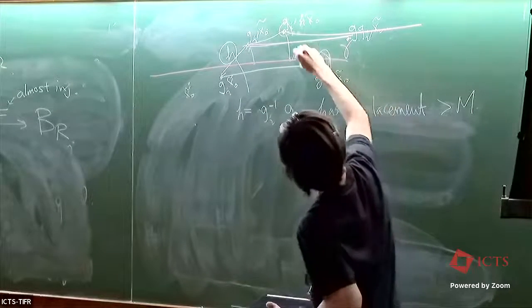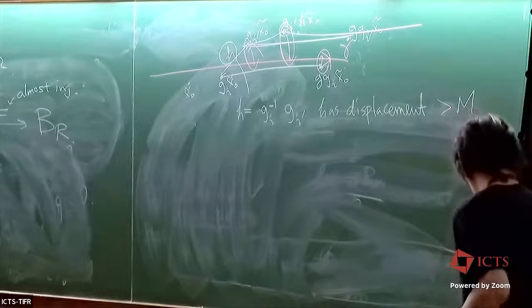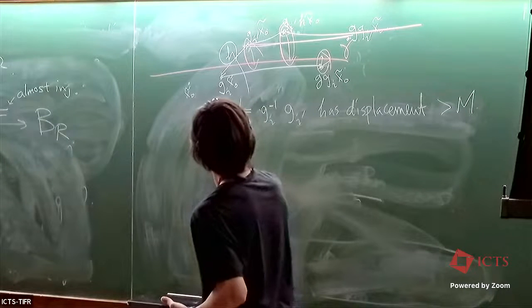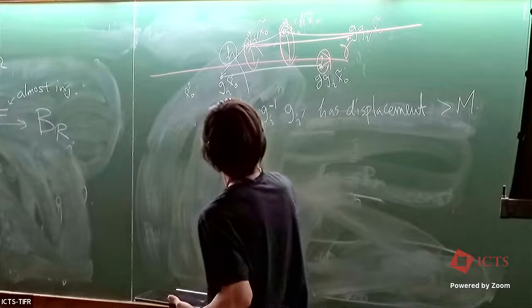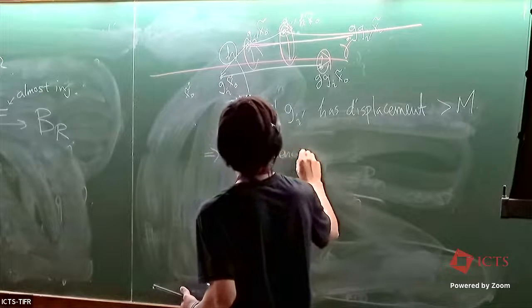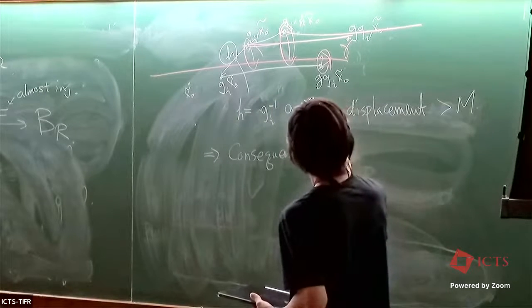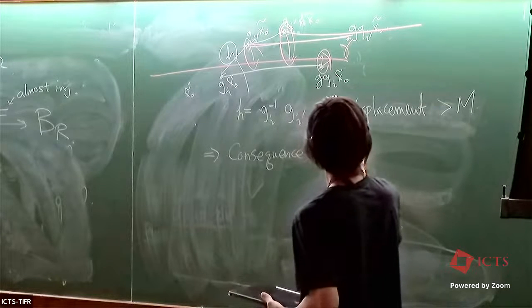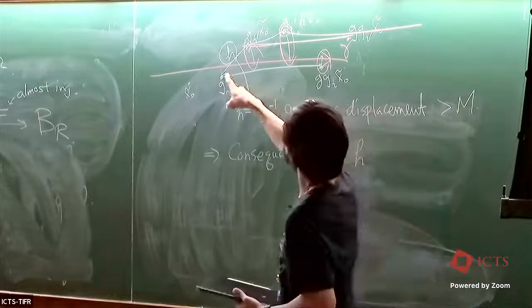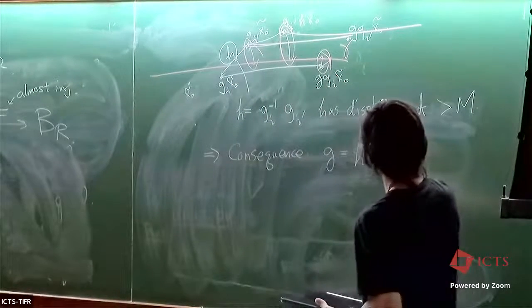So these are uniformly close to gamma. So what do I get? So the consequence is G is this H times some other group element. Okay, that's fine.